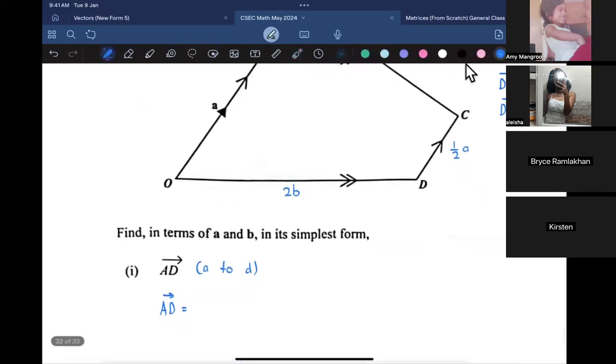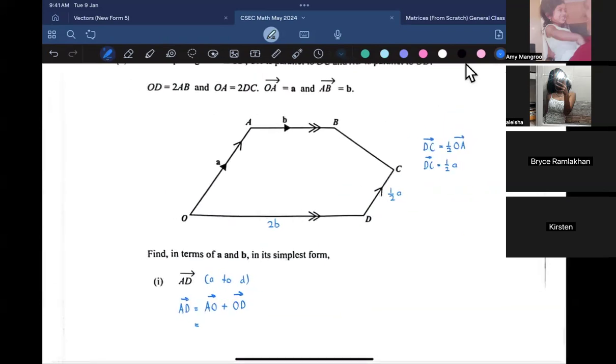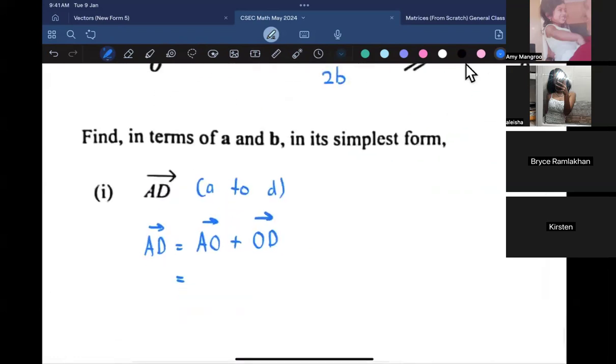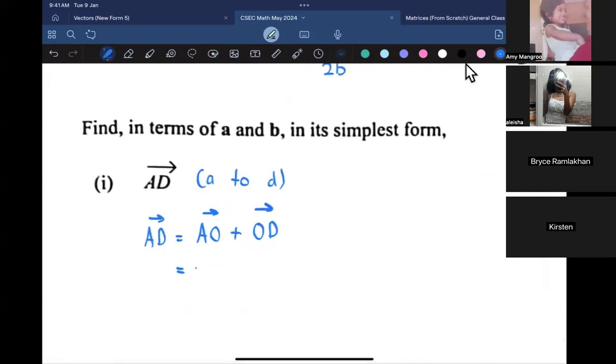So A to D would be equal to A to O plus O to D. Now, in the question, they did not give us A to O, but we know that O to A and A to O are the same size, just different direction. So A to O can be written as minus O to A.